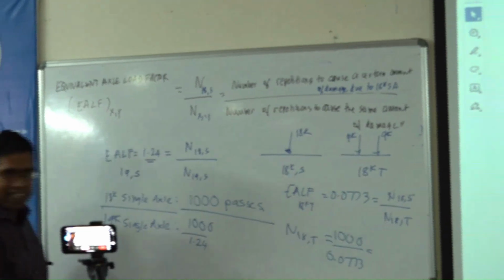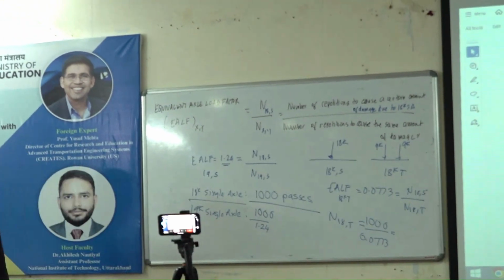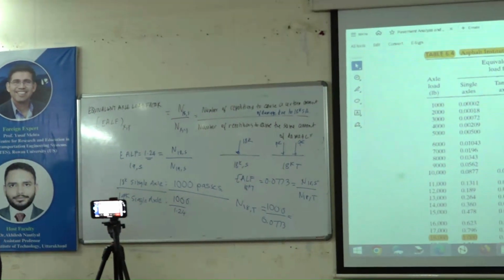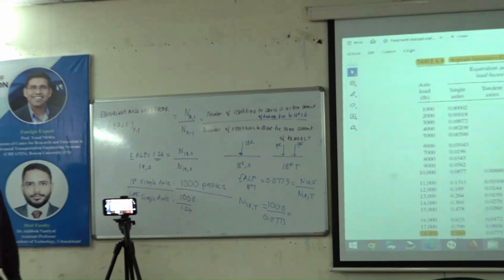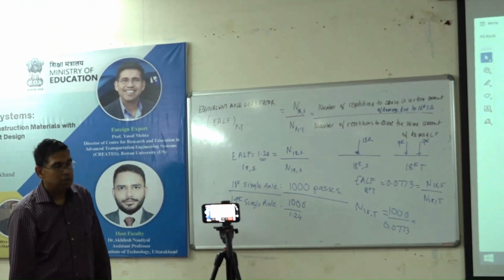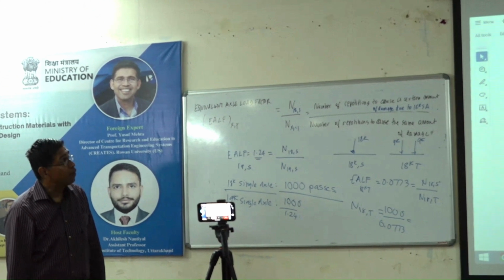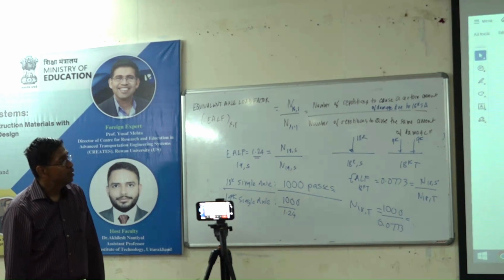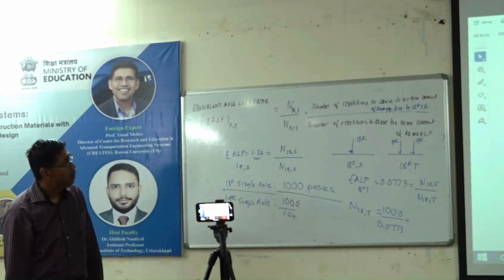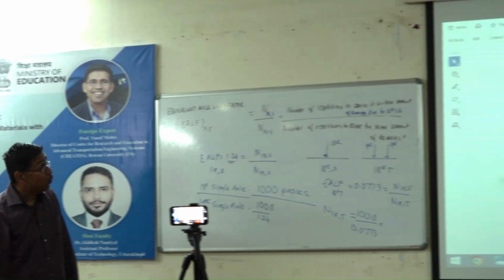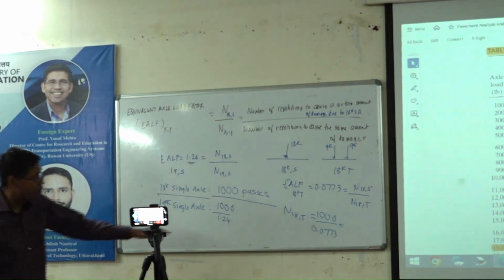Somebody can press a calculator for both of them. This equation is incorrect, bro. Which one? EALF? You inverse NX divided by N18, not N18 divided by NX. That's what I initially thought, but I don't think so. You can just give me this number, please.